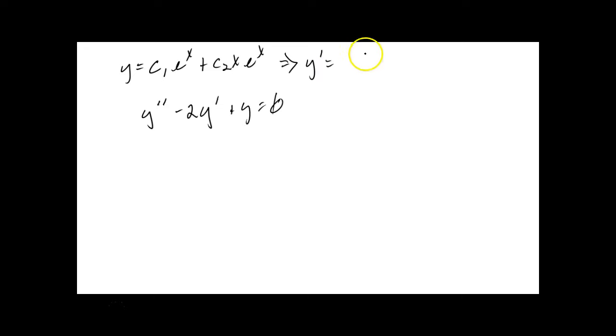Isn't this fun? E to the x, right? Plus, would that be considered a product rule? That is a product rule, yeah. So then it would be e to the x times C2 e to the x, right?